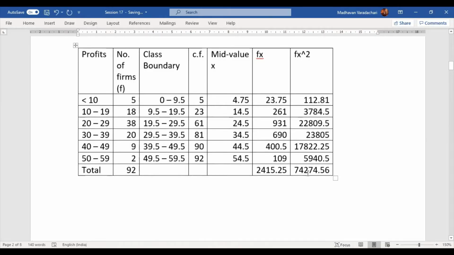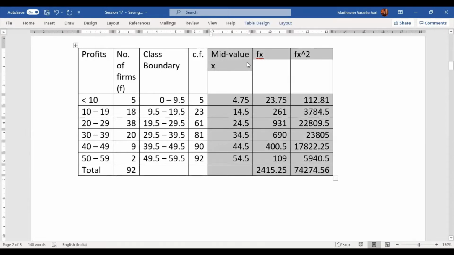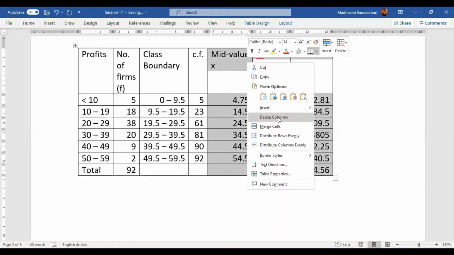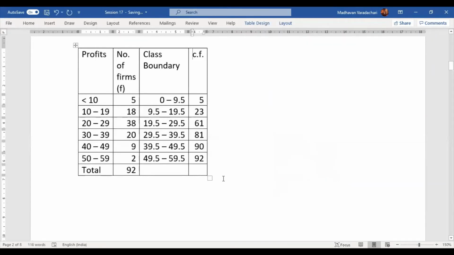So for quartile deviation, we do not require the middle value, f into x, f into x square, all these things. So I can delete these columns. But we need cumulative frequency because we need to find out quartile 1 and quartile 3.